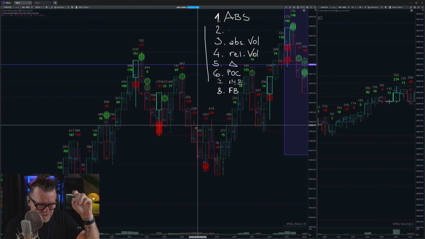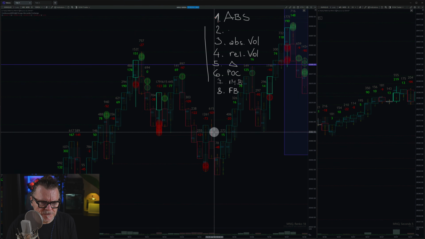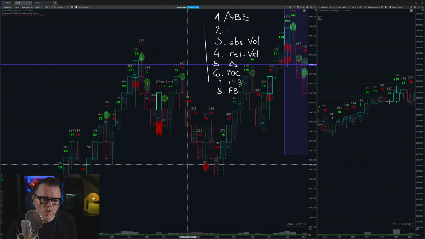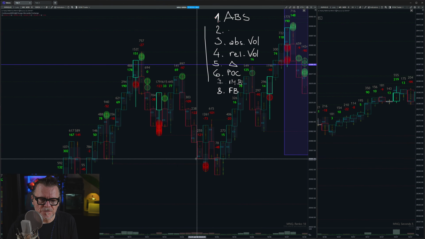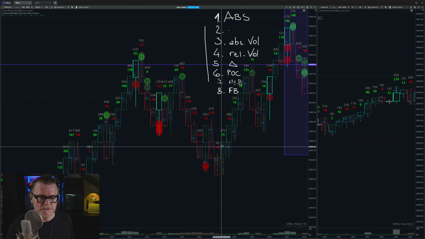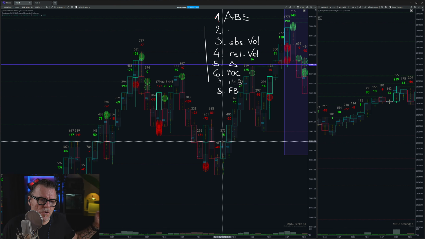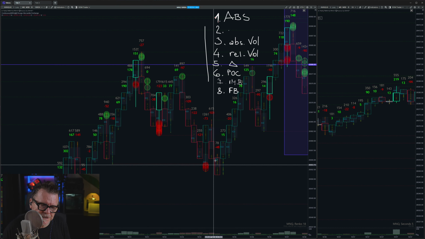I forgot one thing. I tend to open a position here if there was, I don't know, unbelievable volume. Imagine 5,000 contracts at this candle. What a fight! What a closing of a rotation, because Renko filters out rotations. So the more volume at the Renko, the longer the rotation. And they finally broke through the rotation.